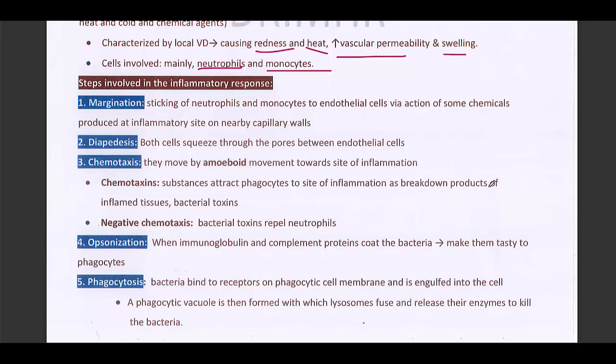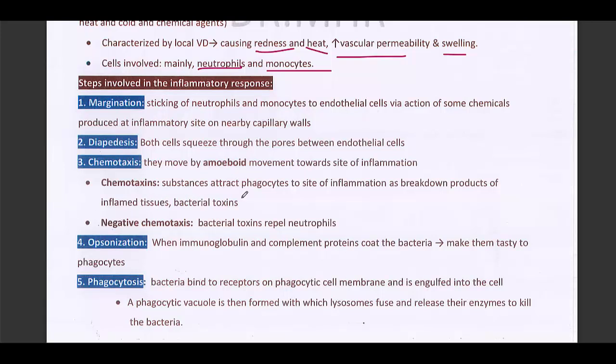Amoeboid means by pseudopodia. The cell simply extends a leg from itself and pushes or pulls itself toward the bacteria, toward the site of inflammation, by chemotaxins.